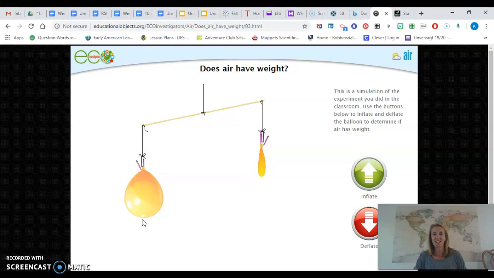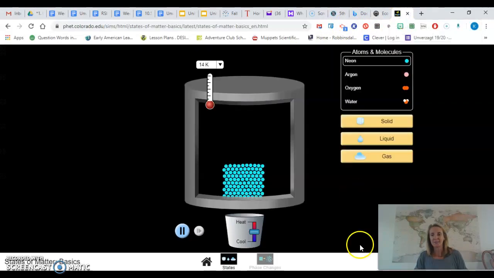Okay, all science words. And I'm going to direct you to a website here that connects air with what you learned in fourth grade. Because if you remember right, any solid has atoms or molecules. If it's a solid, those atoms are tightly packed together.